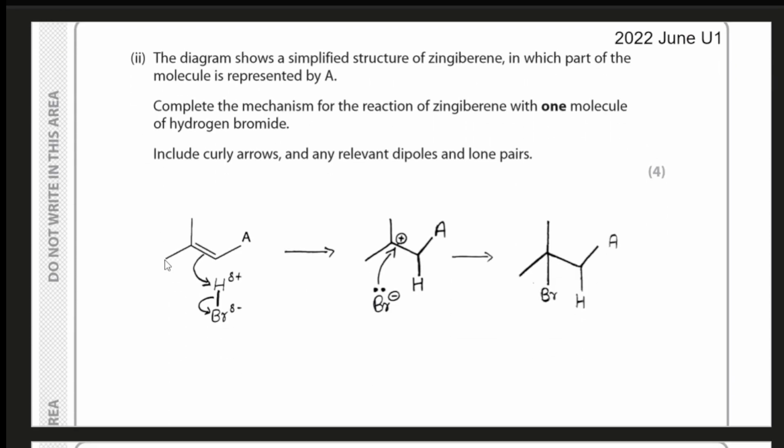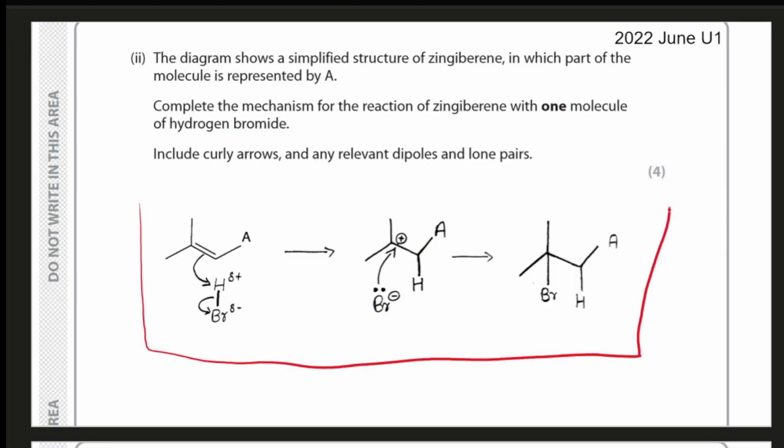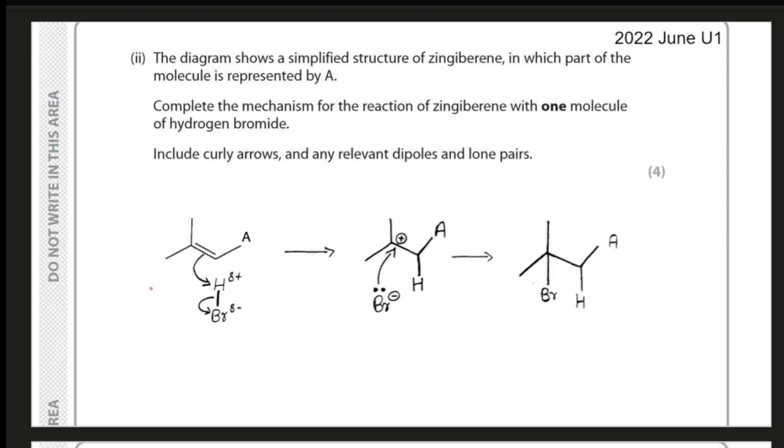Now, the diagram shows the simplified structure of zingiberene, in which a part of the molecule is represented by A. Now, they told you to complete the mechanism for the reaction of zingiberene with one molecule of hydrogen bromide. Again, they showed you the zingiberene structure. Now, again, you have to show the electrophilic addition mechanism, which I showed you countless times previously in this video as well as in the previous video.